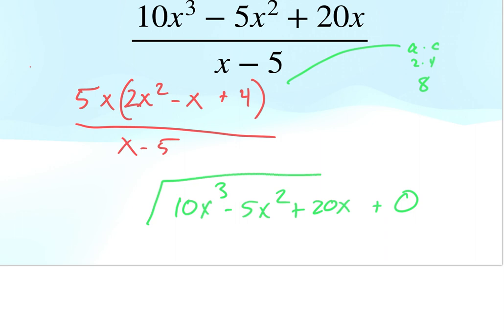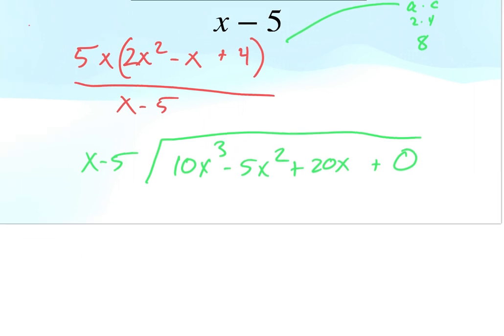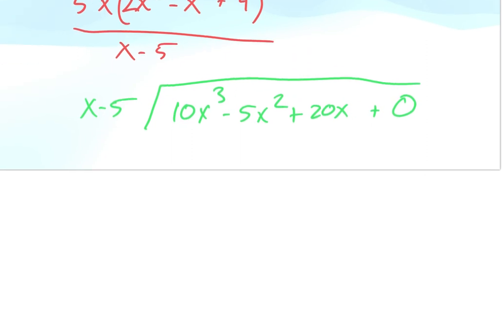I'm going to divide this by x minus 5, and then it's using properties and principles of long division that you possibly learned a long time ago. And I'm looking to see x times what gives me 10x cubed. X times 10x squared.